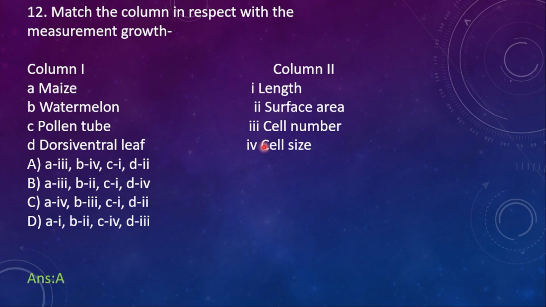This is somewhat different question, isn't it? Yeah, but good question. We may measure the maize by cell number and watermelon by cell size, pollen tube by length and then dorsiventral leaf by surface area. So the right option is option A.